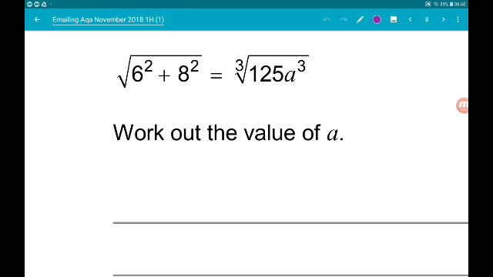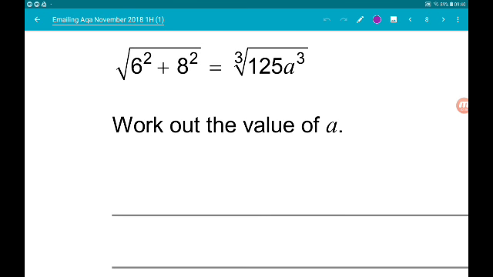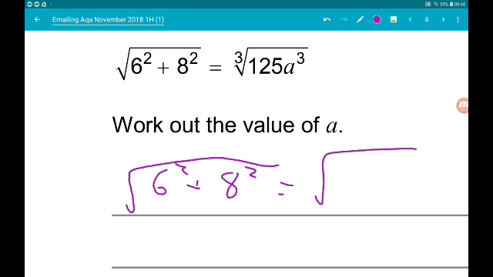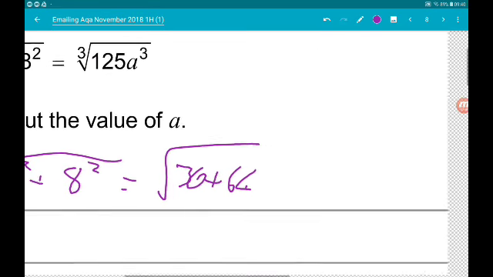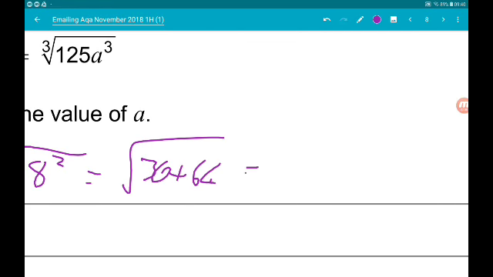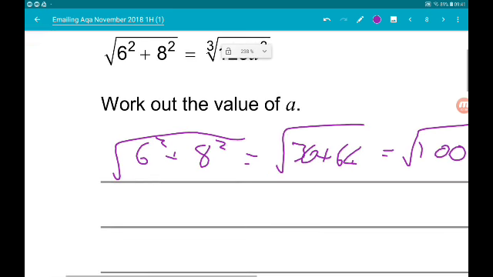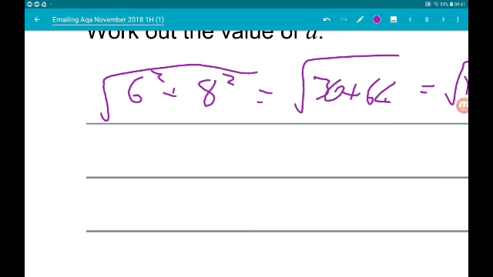Okay, so let's just worry about the left hand side first of all. So the square root of 6 squared and 8 squared is the square root of 36 and 64. 36 and 64 is 100. So we got the square root of 100, which is 10. So that looks a little bit friendlier.